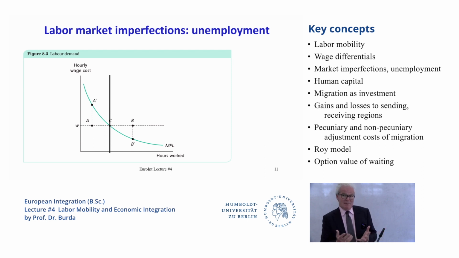Could reflect the fact that maybe wages are too low. I won't go there, but it's an important possibility. We're just assuming that the market has cleared and wages are such that wage equals marginal product at an unresponsive labor supply. Okay, just assuming people, I'm going to go work 35 hours a week, come hell or high water.